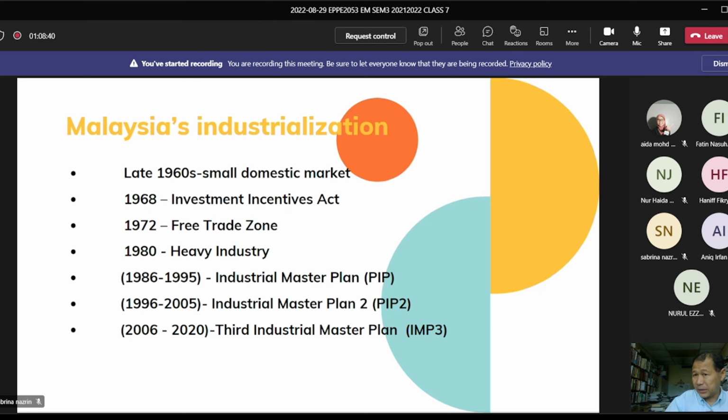So with this 1986 PIA, Promotion of Investment Act, companies that meet targets of exports, the details are there, which you don't have to remember.